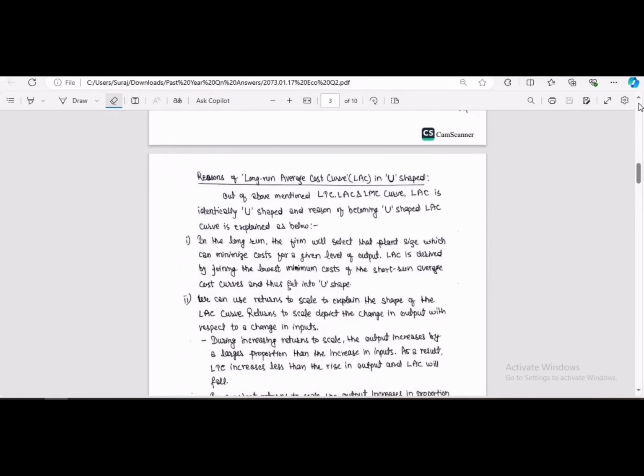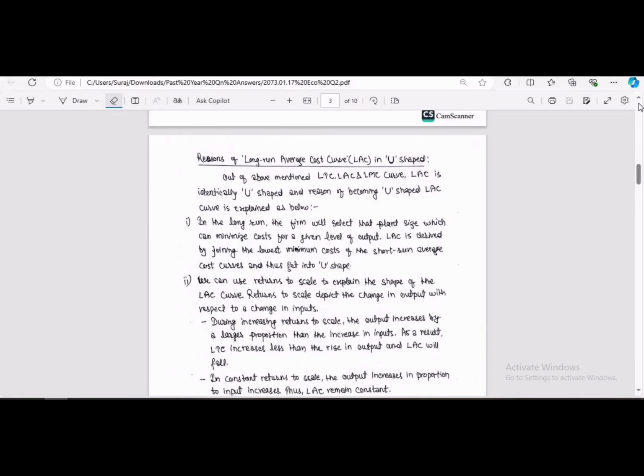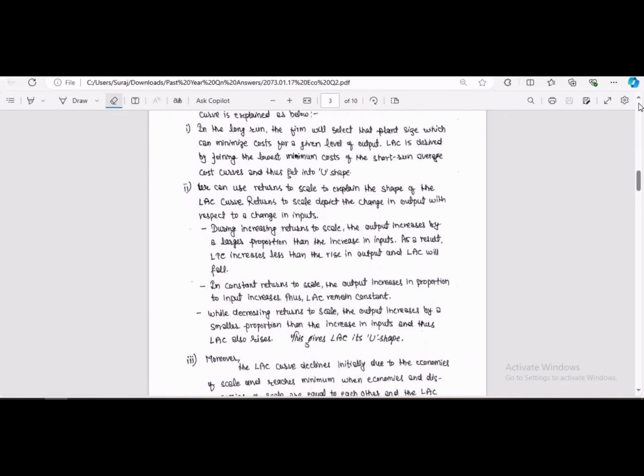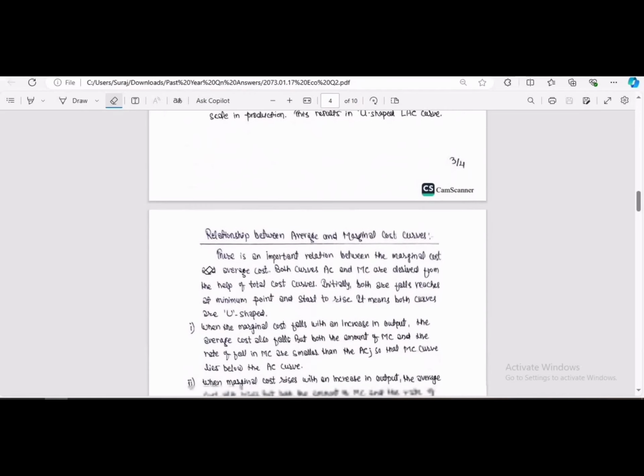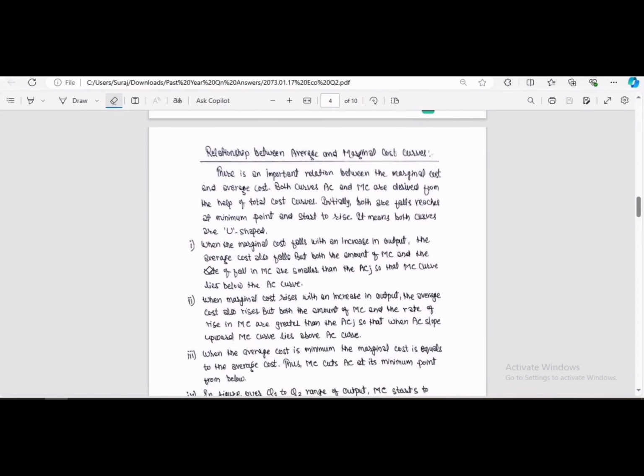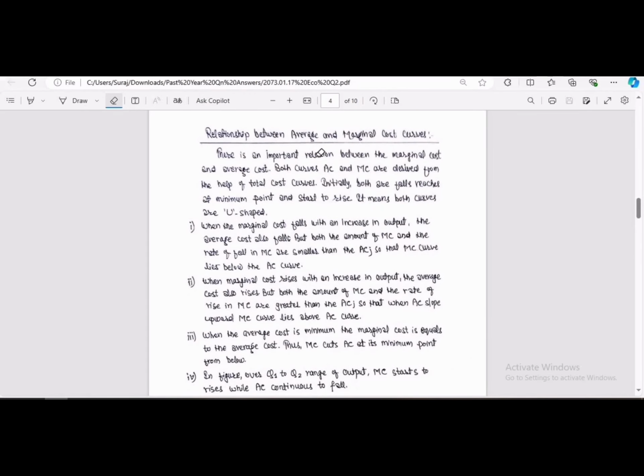And we mentioned the reason behind the U-shaped LAC curve. First, we mentioned the figure of the LAC curve at point number 1, in point number 2 we explained the return to scale, and in the third we talked about the economies and diseconomies of scale. And the last question is the relationship between average and marginal cost curve.